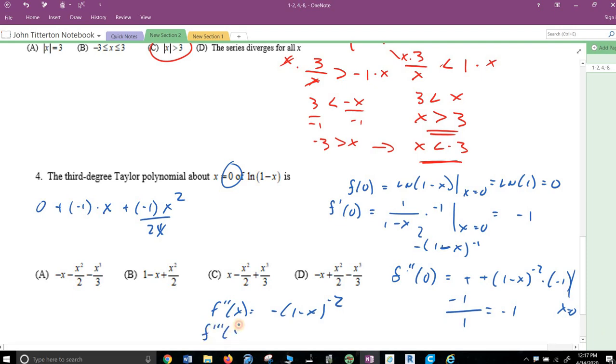F triple prime of x is negative 2 (1 minus x) to the negative third times negative 1, chain rule. So it's negative 2, we plug in 0. This cancels out and just becomes 1. We get negative 2 plus negative 2 times x to the third over 3 times 2 times 1, but who cares? And we end up with just negative x to the third over 3.